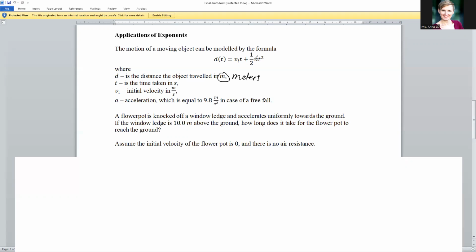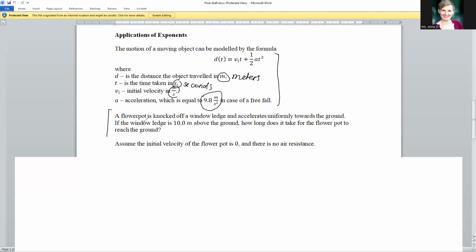T is the time taken by the object to travel, probably to fall down on the ground, in seconds. V initial is the initial velocity of the object in meters per second. A is acceleration, which is equal to this number in case of a free fall. So that is just the setup. That's the introduction to the problem.